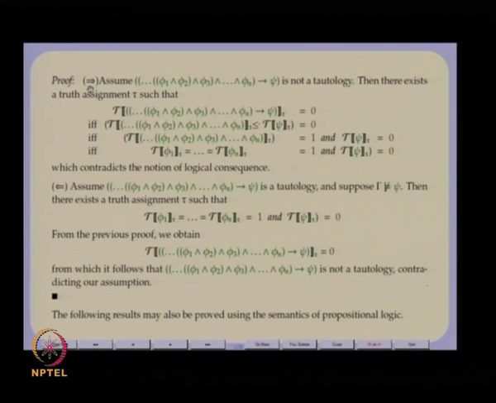There is one part of the proof in which I take the hypothesis, I assume the negation of the conclusion and I prove that there is a contradiction, right.